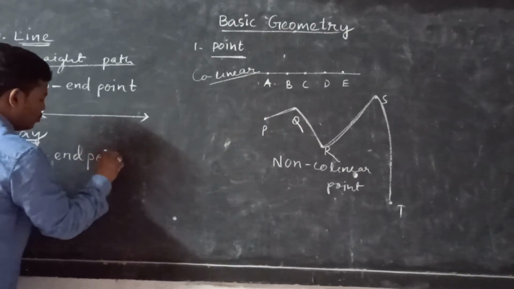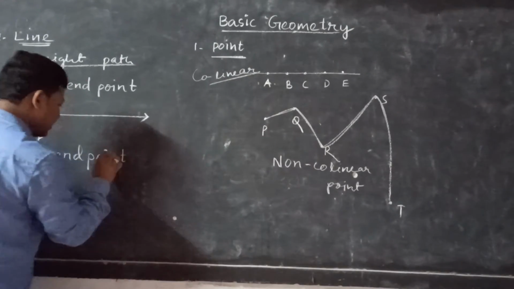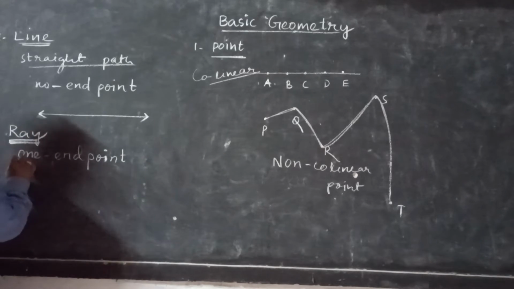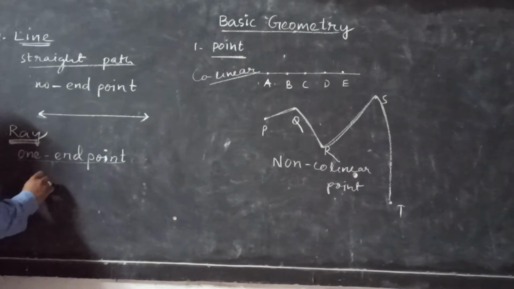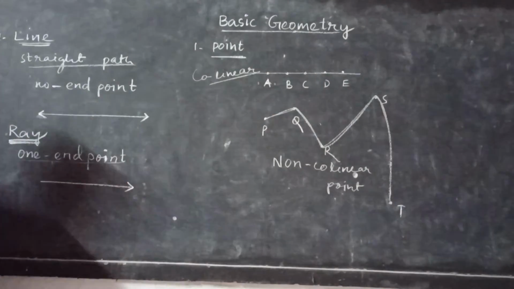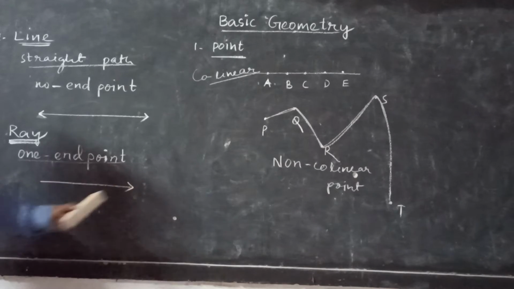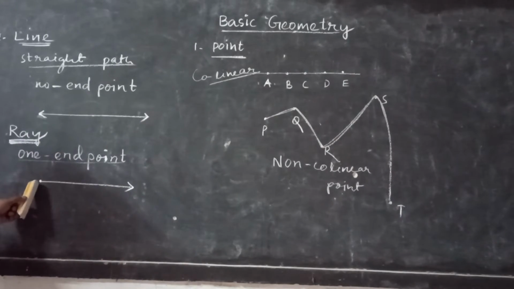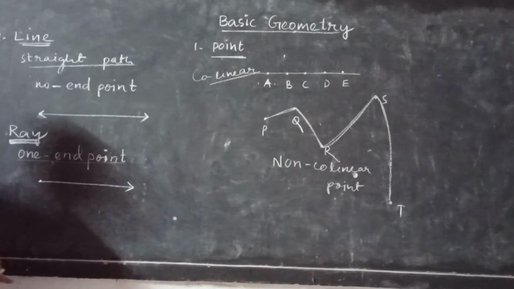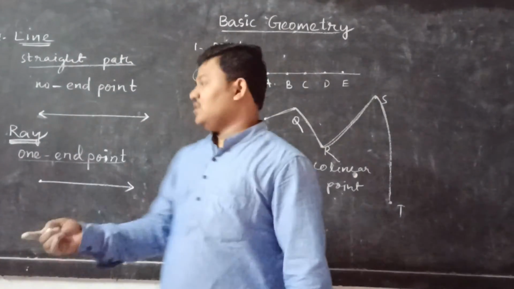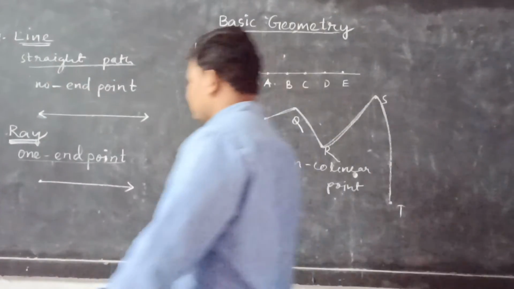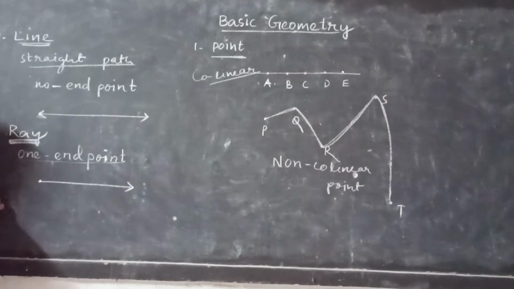That means we know the starting point of the ray, but we don't know where the ray ends. That means the ray is a straight path that has one end point and extends endlessly in only one direction. It extends in only one direction; we don't know its end point, but we have only one end point. We know where it started, but we have no idea where it will end. Like the sun rays, they have started from the sun, but after leaving the sun, where the sun rays reach, we have no idea. That is called a ray.